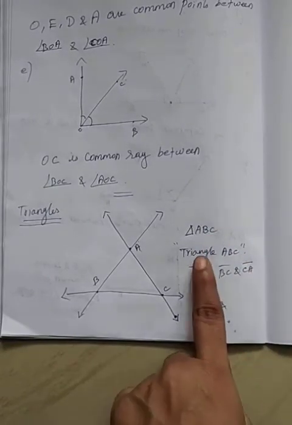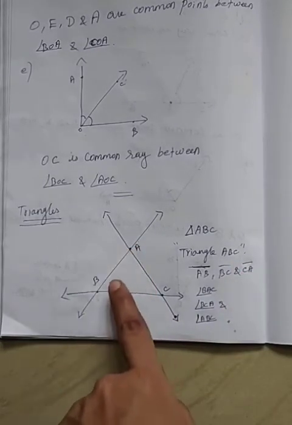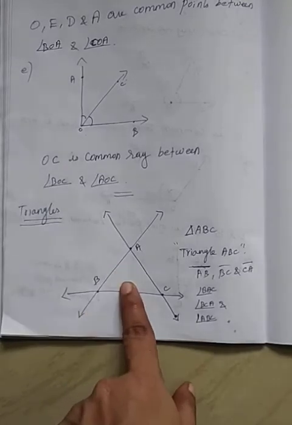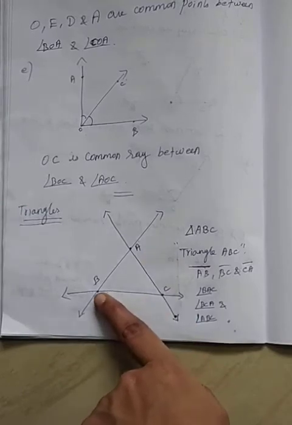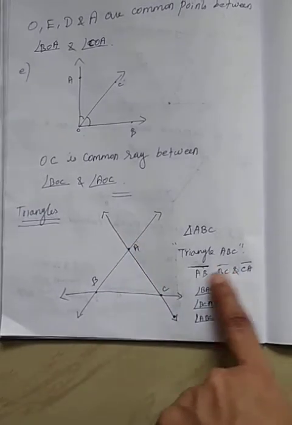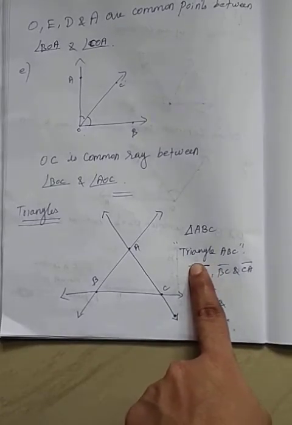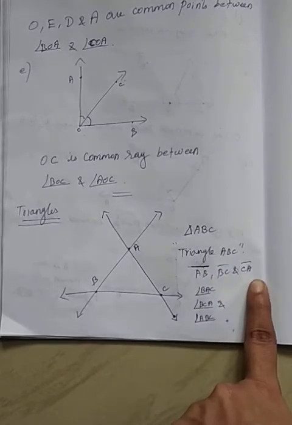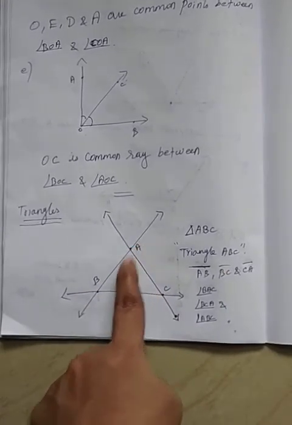In this triangle ABC, how many sides and how many angles are there? Three sides: AB, BC and then CA. The three sides of the triangle are AB, BC and CA, and the three angles are BAC, BCA and then ABC.